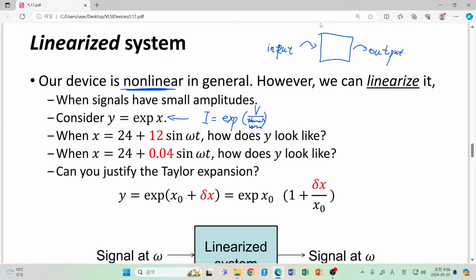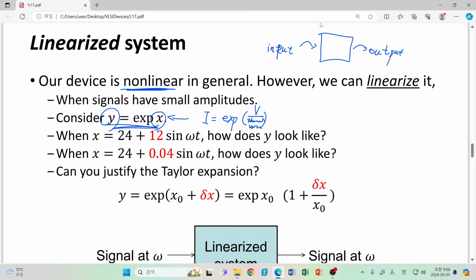So please regard this x as a normalized voltage and this y as a normalized current. Simply speaking, up to now we have spent quite a long time on diode IV characteristics, and they can be modeled as a simple exponential function.